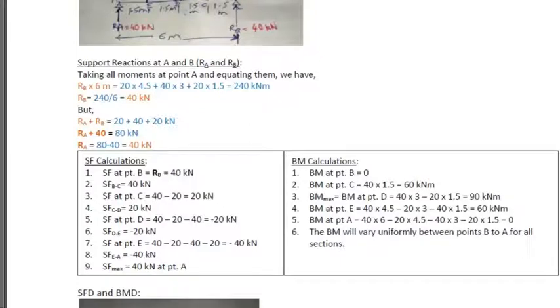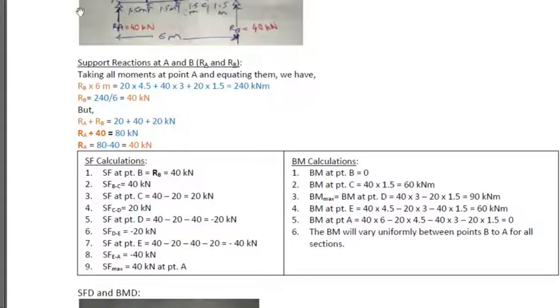So it is 40 into 4.5 minus 20 into 3 minus 40 into 1.5. Overall it comes to 60 kilonewton meter. Again for the section DE, this is going to vary uniformly between 90 to 60 kilonewton meter.